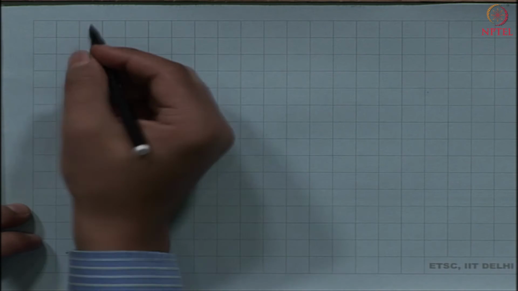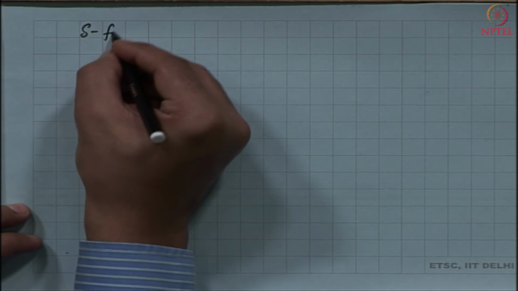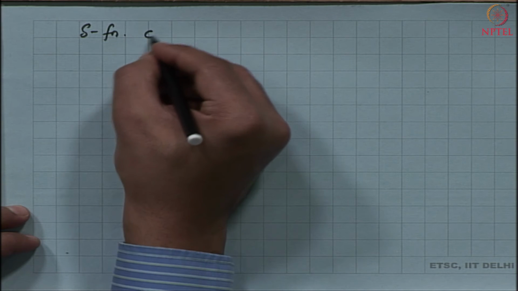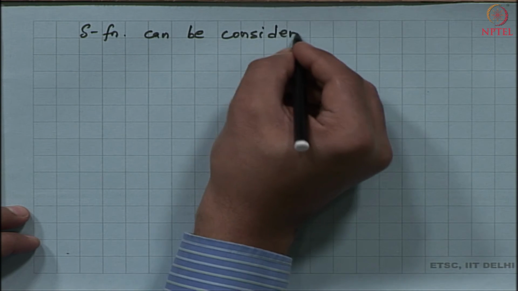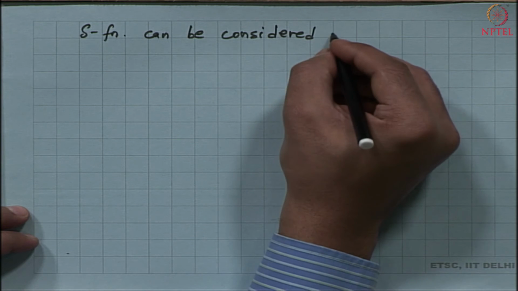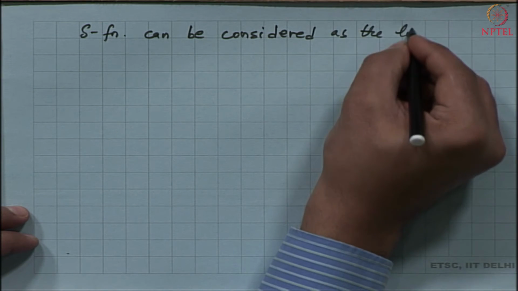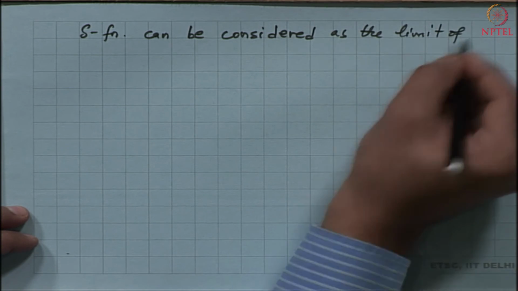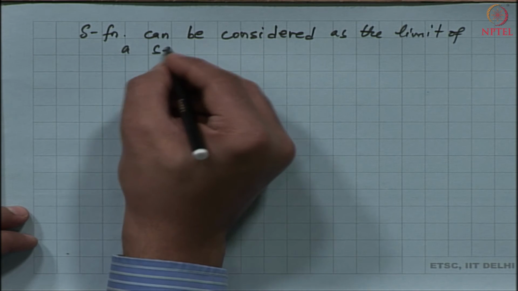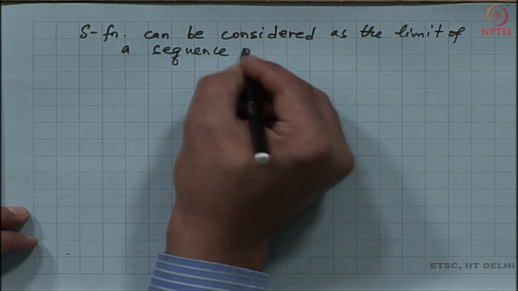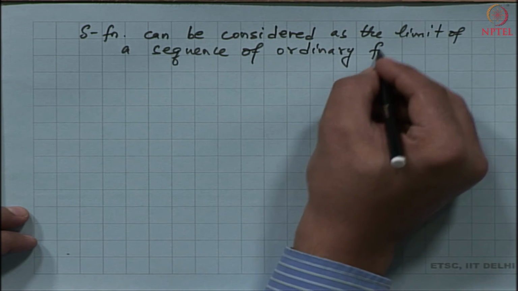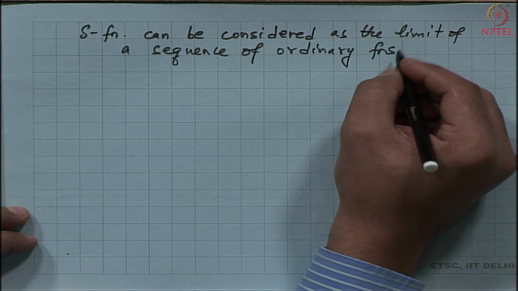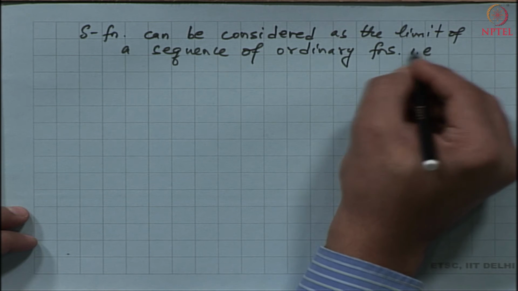Before I move ahead, I want to mention that I can always approximate my delta function as a limit of the following ordinary functions. So, I can always approximate my delta function as a limit of this sequence. What is the sequence?